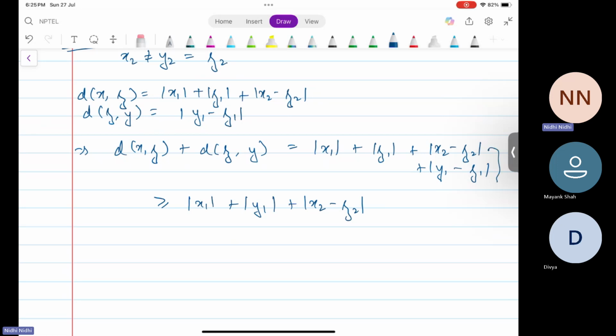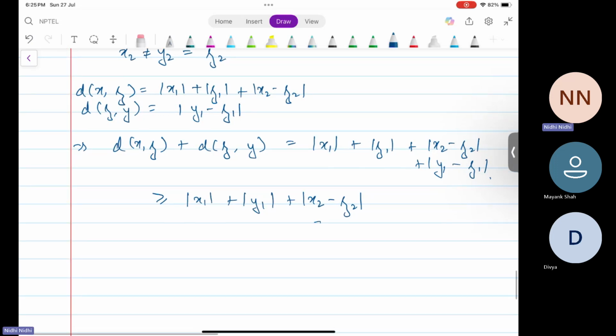Again, by the triangle inequality, I wrote this because mod y1 is equal to mod y1 plus z1 minus z1.